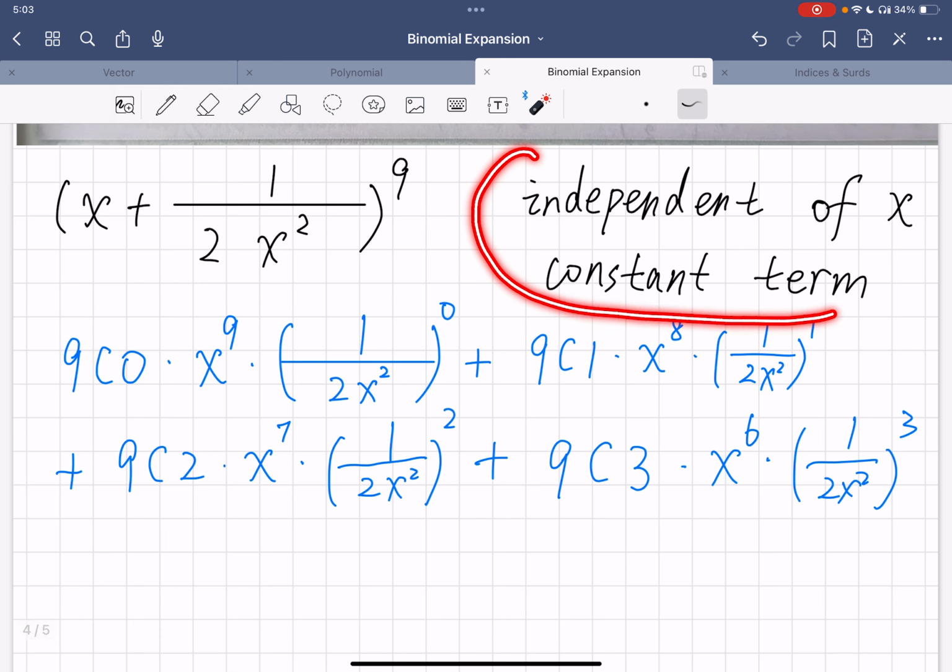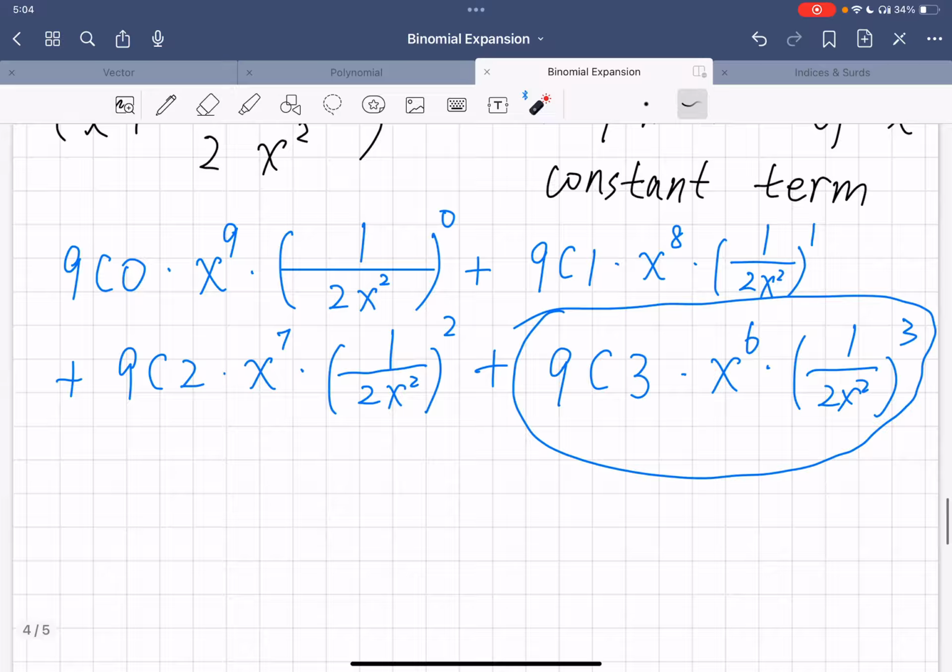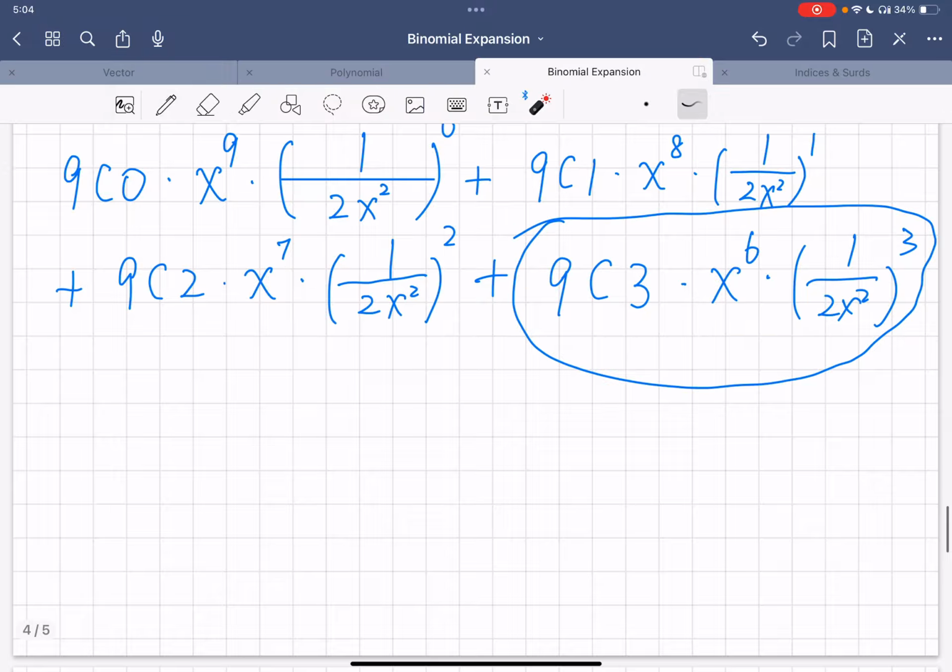Before this term, this one is higher than this one. After this term, this one would be higher than this one. So only this term can give us a balance for the two terms, so it can be cancelled. So let's calculate. Using your calculator, it's 9C1.